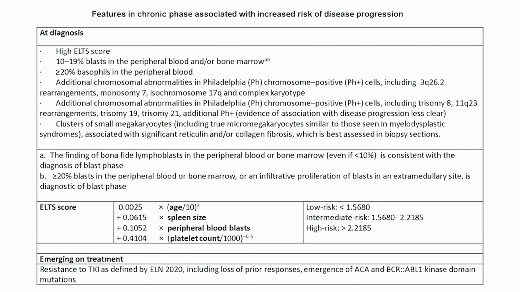So this is what we called accelerated phase before. Now it's still there, but they call it a high-risk chronic phase. During treatment, if there is resistance to the TKIs, a loss of response, or a new additional chromosomal abnormality or mutation in the BCR-ABL, this is also included in the high-risk chronic phase.